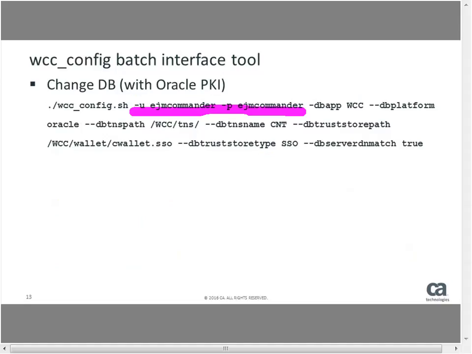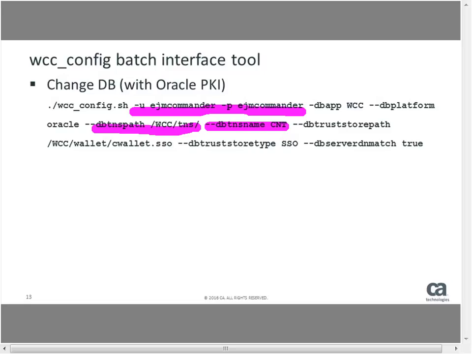That's clear. Then we can specify DB TNS path, which is the path to the tnsnames.ora file. As I said, it's without the file name, and the section within the tnsnames.ora file, which holds the database connection definition. And the last three attributes are actually related to Oracle PKI.